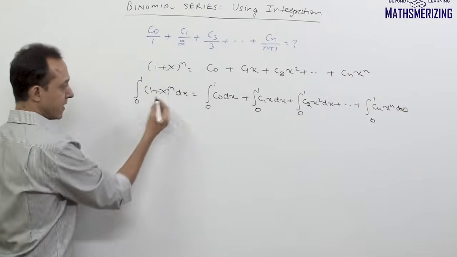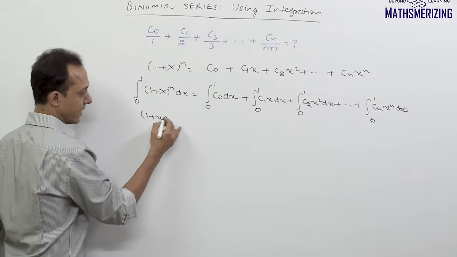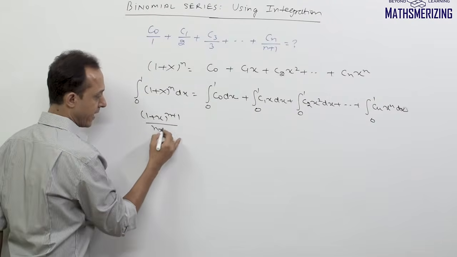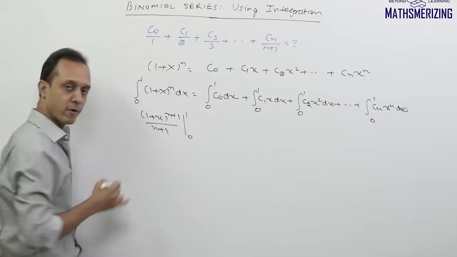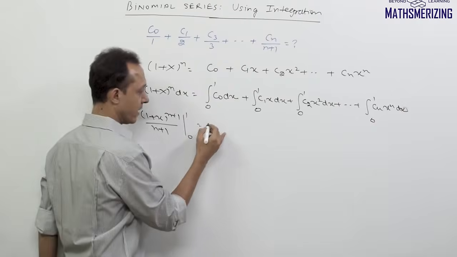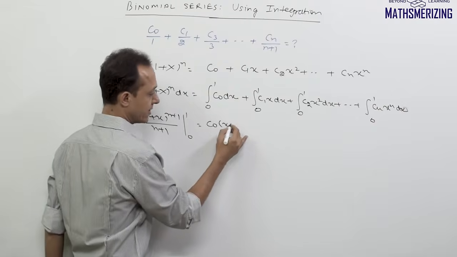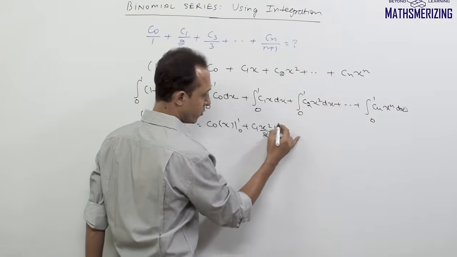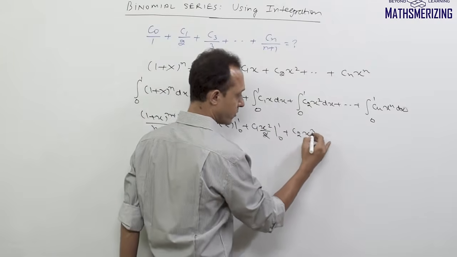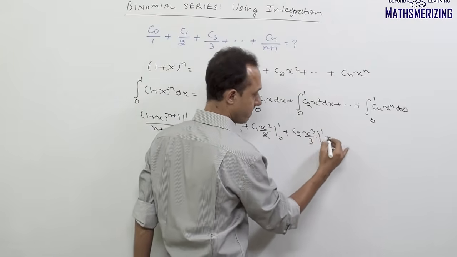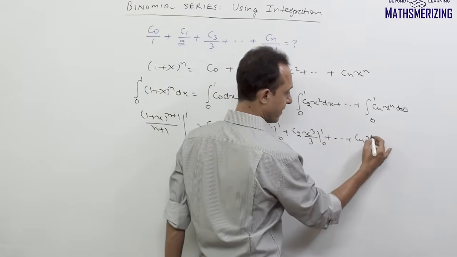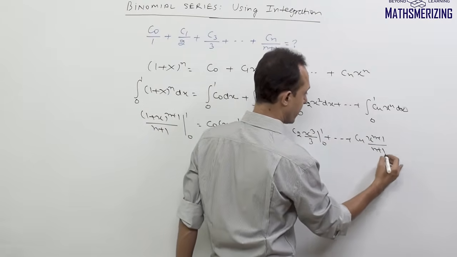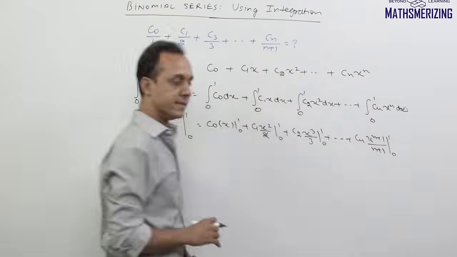If I integrate the left hand side, I'll get 1 plus x to the power n plus 1 upon n plus 1, from 0 to 1. It will be C0x from 0 to 1, C1x square upon 2 from 0 to 1, C2x cube upon 3 from 0 to 1, and then Cnx to the power n plus 1 upon n plus 1 from 0 to 1.